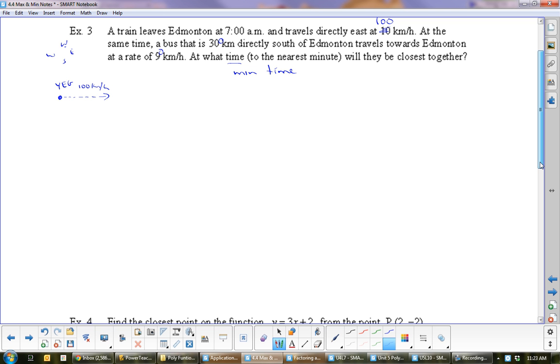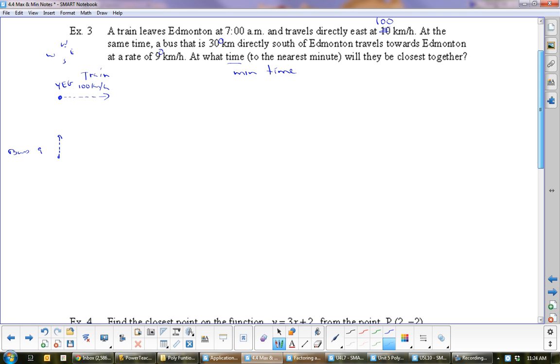Okay, so here we are over here. This is where our bus is. And it is going at 90 kilometers an hour. So this is train. This is bus.